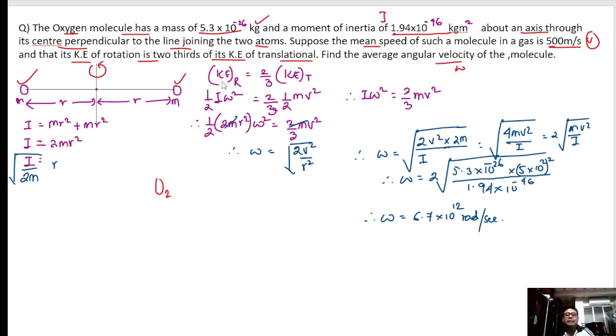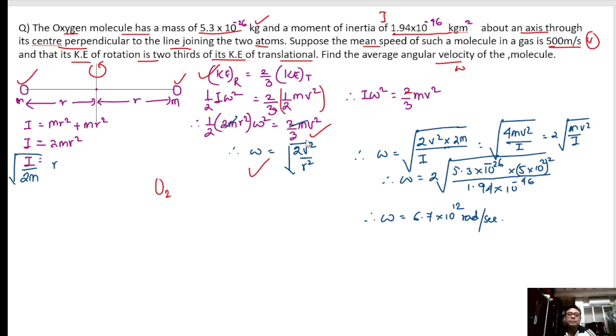They have given that the kinetic energy of rotation, which is half I omega square, is 2/3 of the kinetic energy of translation. Translation will be half mv square. So from there we are getting this. So omega is this, and they have also given that I omega square.